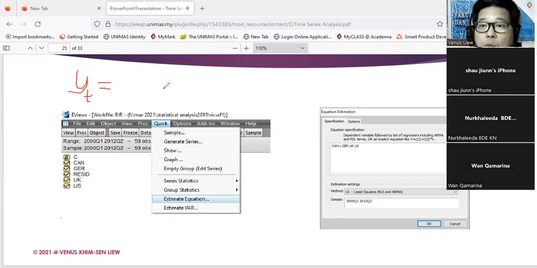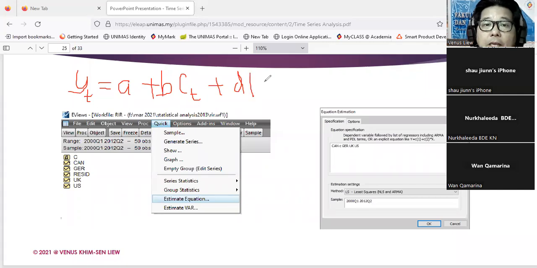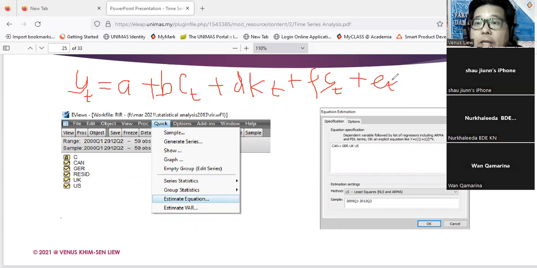Y is equal to a constant A, plus another constant B times the Canada real interest rate, plus another constant, C, I don't want to use that, so I use D, multiplied by, let's say, the UK real interest rate, plus F, a constant, multiplied by the US interest rate S, plus E, an error term.